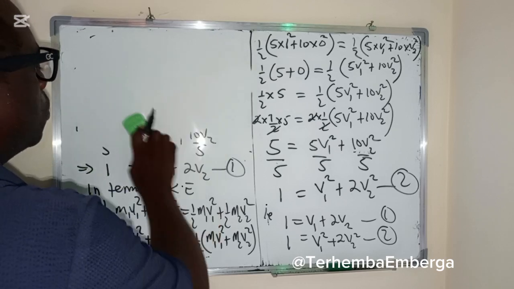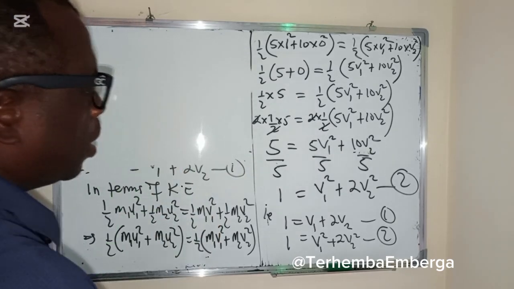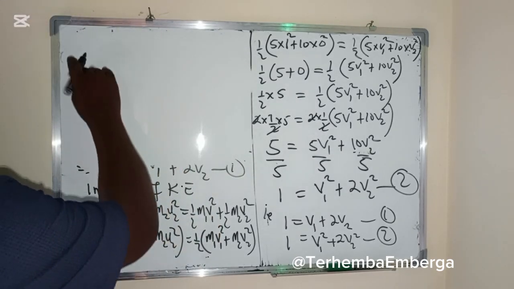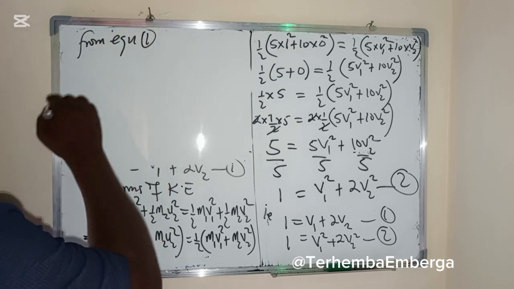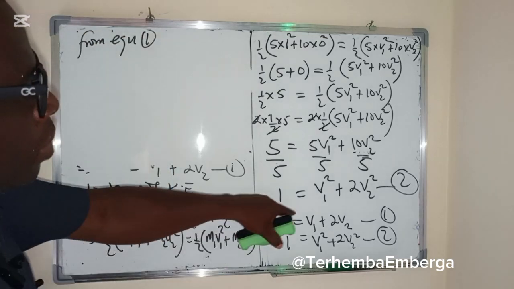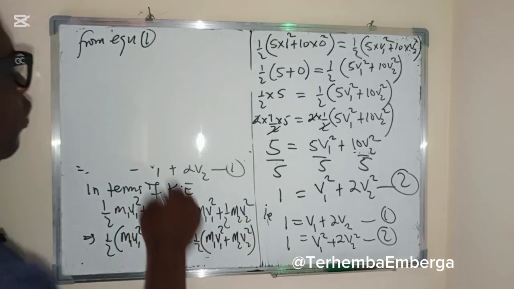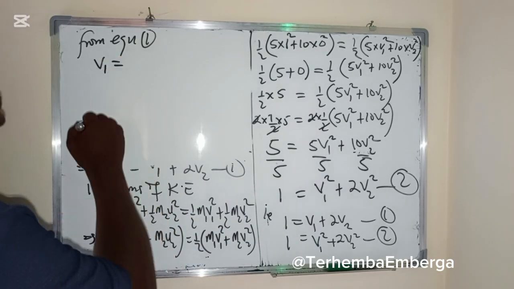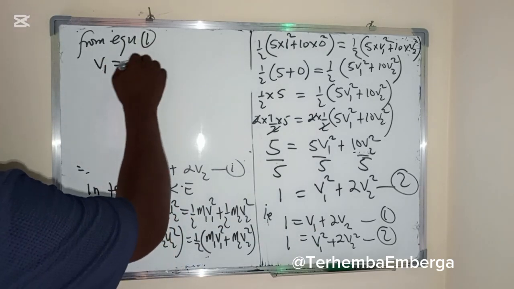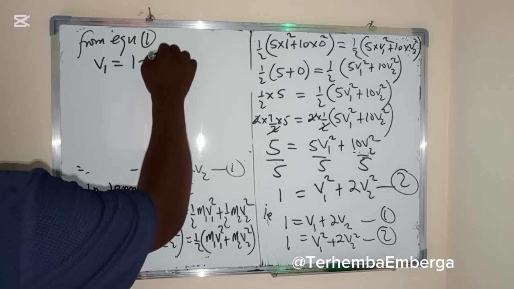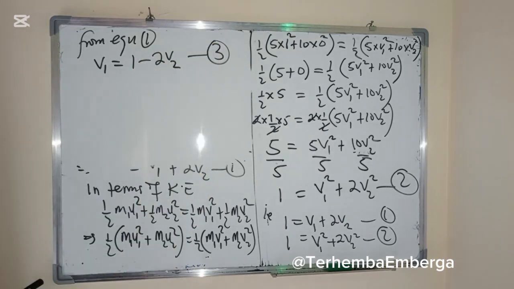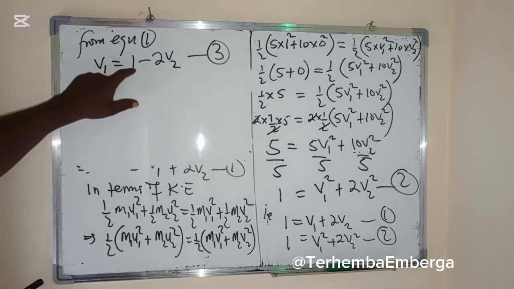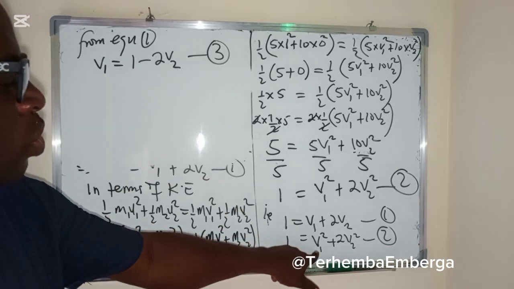So from equation 1, we'll make v1 the subject, and v1 is equal to 1 minus 2v2. And that is our equation 3. So we'll now substitute the value of v1 into equation 2.